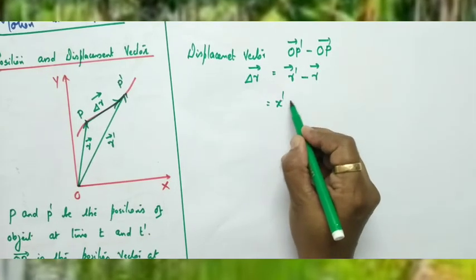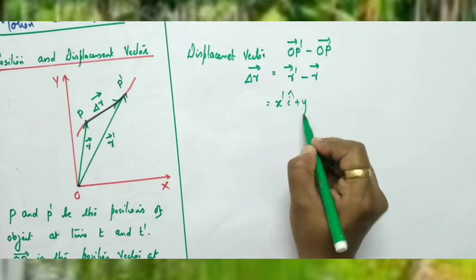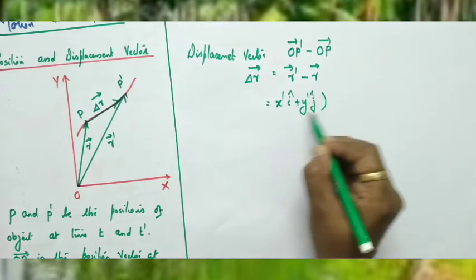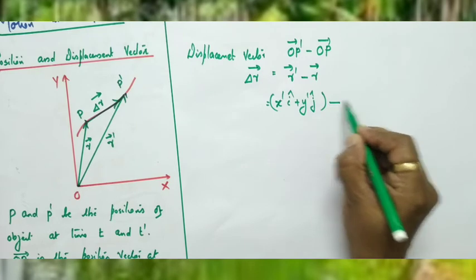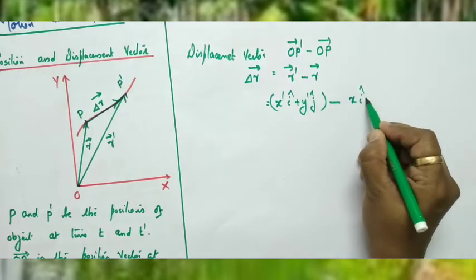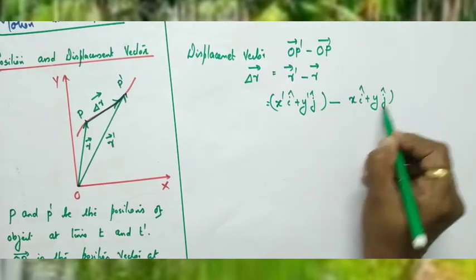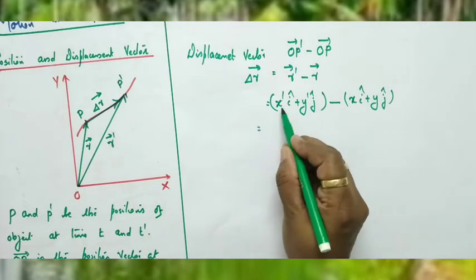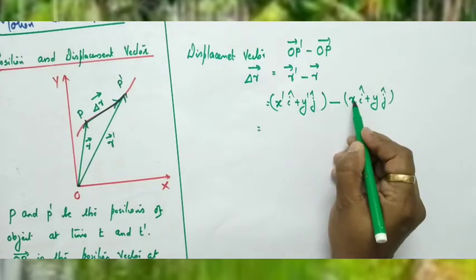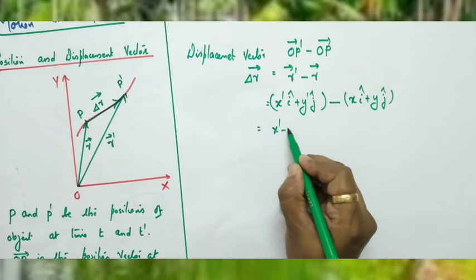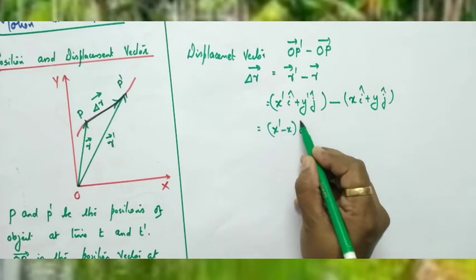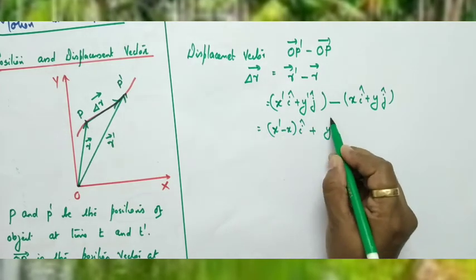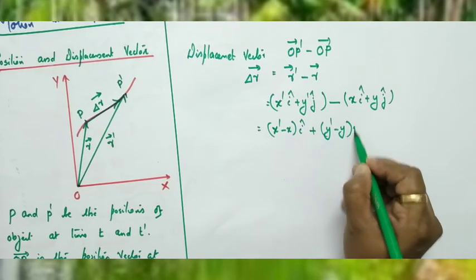Now, how will you represent vector R dash in resolved form? We know that it is X dash I cap plus Y dash j cap. What is vector R in resolved form? X I cap plus Y j cap. So, it can be written as X dash minus X into I cap plus Y dash minus Y into j cap.